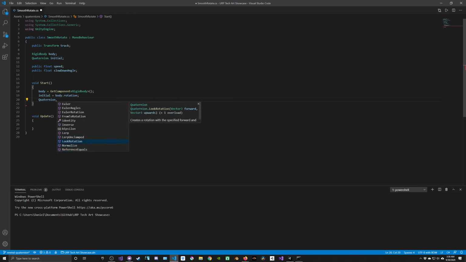We can lerp between them. We can get a look rotation, so if we define a vector 3 that's supposed to be up and a forward, which I imagine should be perpendicular to each other, you get the resultant rotation that it has to be at. And slerp is probably one that you haven't seen before. It's spherical linear interpolation.